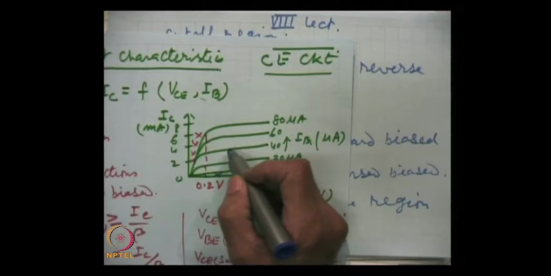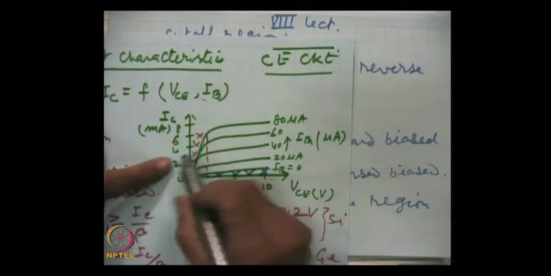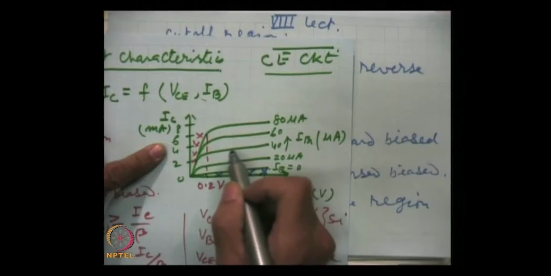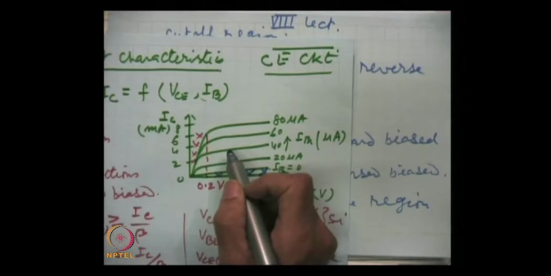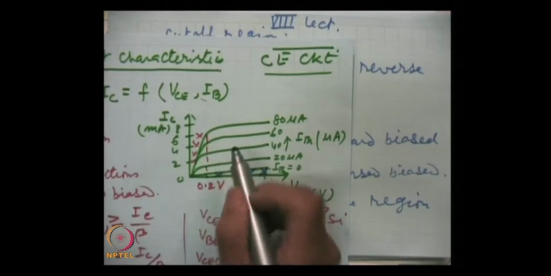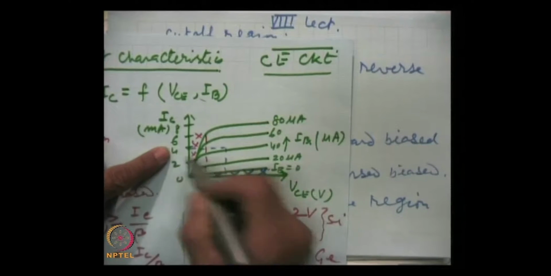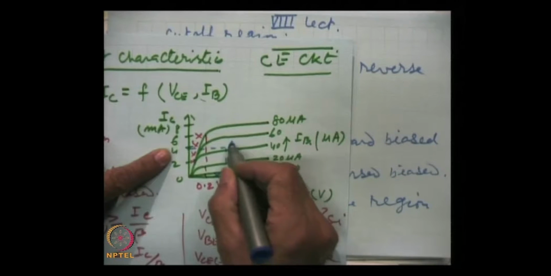Now, once we fix a circuit, and fix in the sense of what the DC output current is and what the corresponding input current is, this is to be chosen for the circuit, and then over that we have to superimpose the AC signal. So, choosing the DC output current and input current is called the Q point.